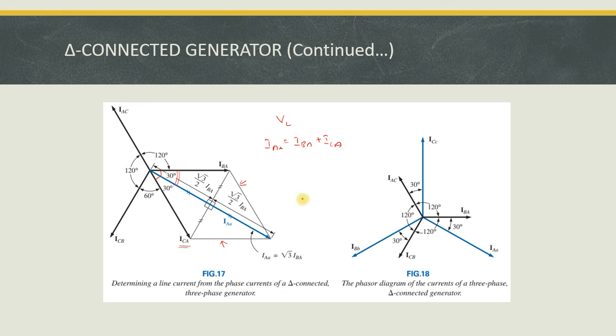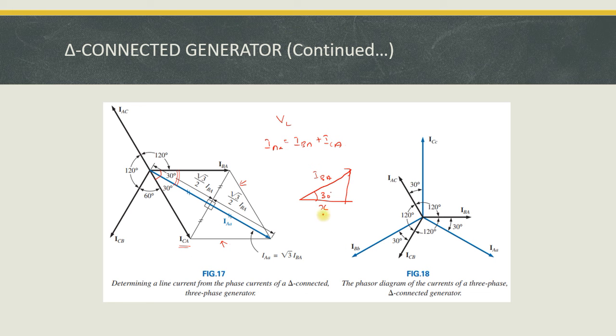I draw this triangle. This is IBA, and I take this distance as x. This is the angle of 30 degrees.